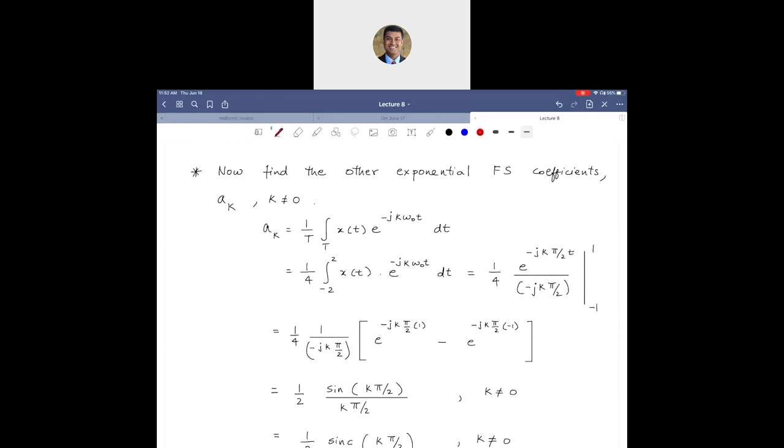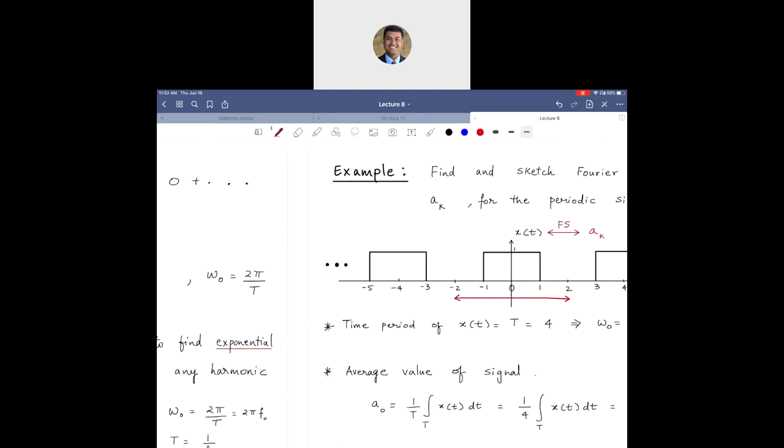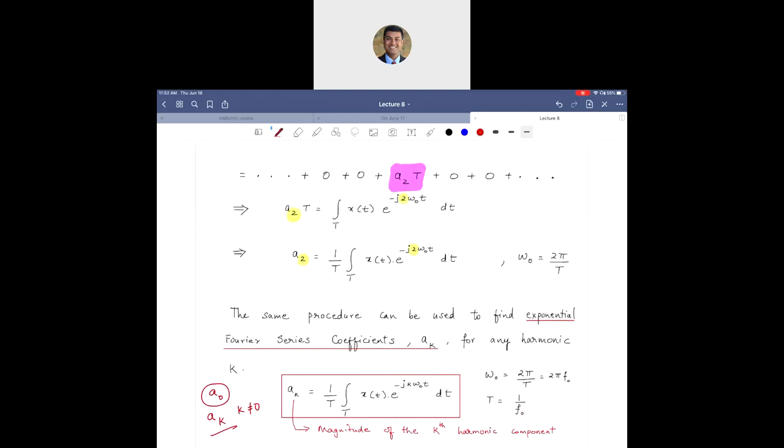Where did we see this before? We saw this right here. We derived it. We started with the second harmonic component a sub 2 and then we generalized it to a sub k.